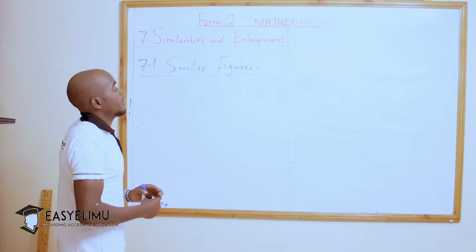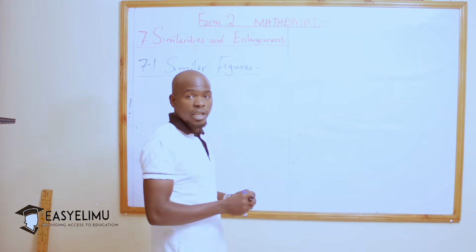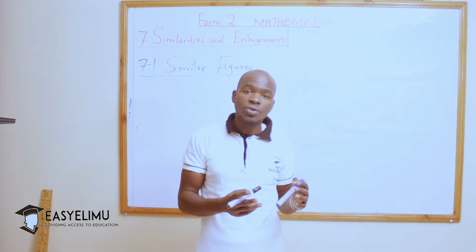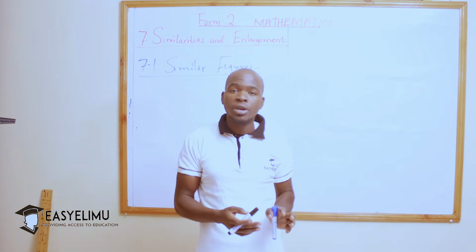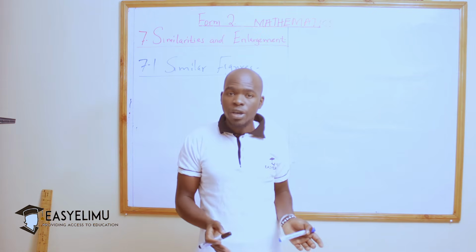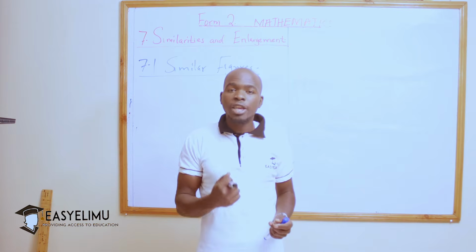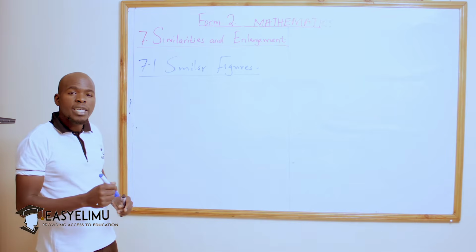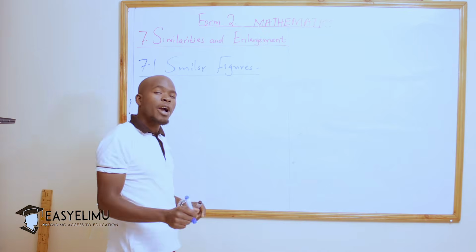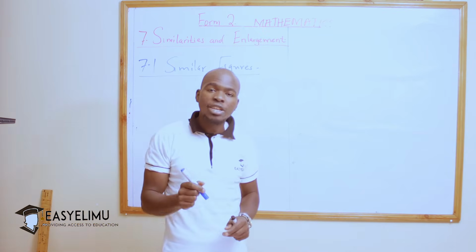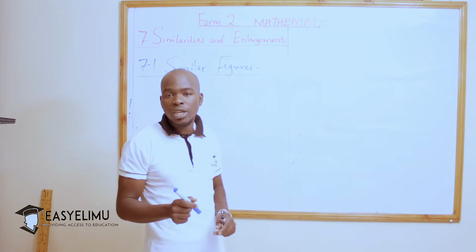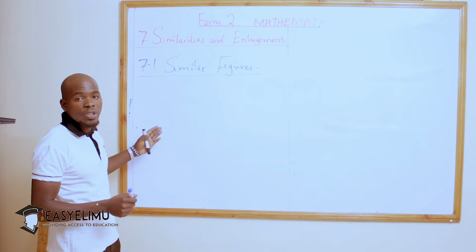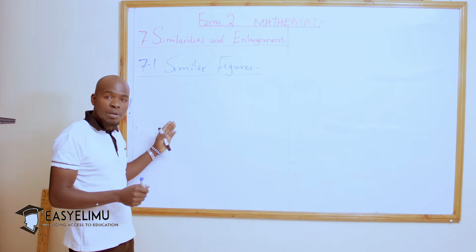On similar figures, in case you draw some triangles, be they isosceles or equilateral, two or three, or even four, and you find that all the internal angles of those triangles are equal to their corresponding angles, then we can say the triangles are similar.